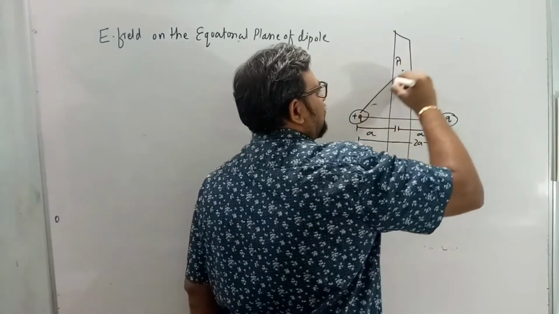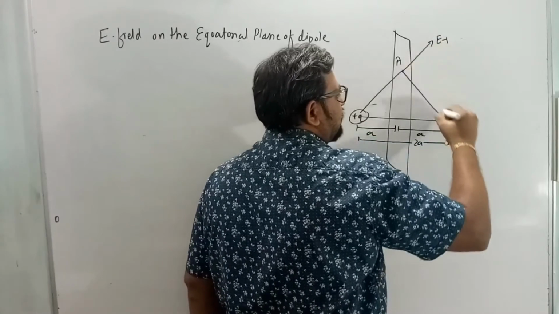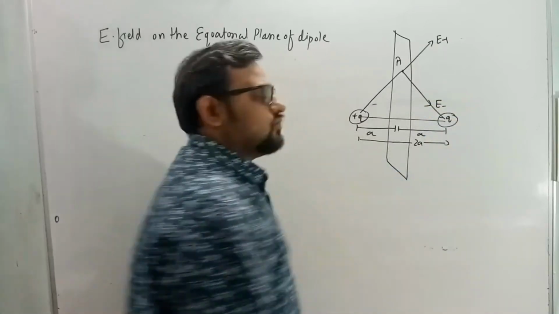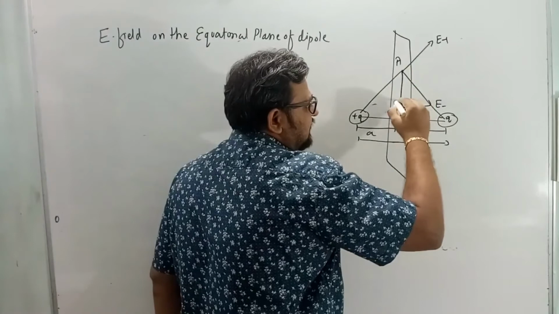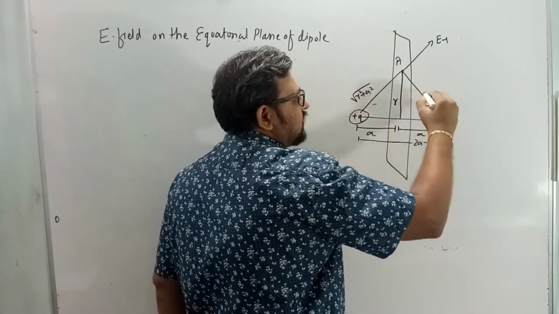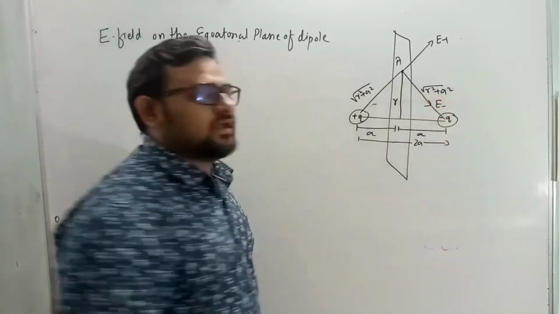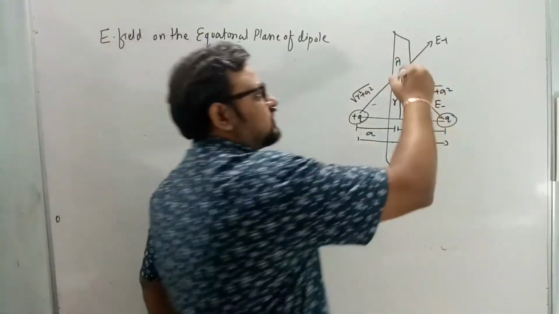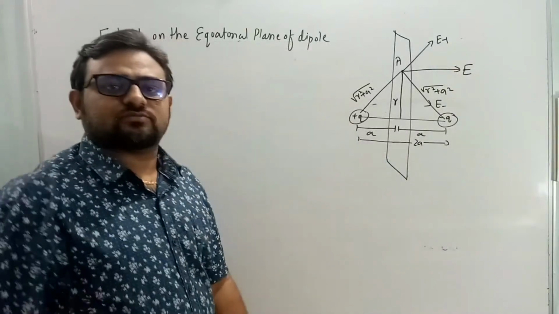So the electric field due to the positive charge is away, and the electric field due to the negative charge is towards. If I take the distance of this point from the center as r, this distance will be under root of r square plus a square, and this one will also be under root of r square plus a square. Both electric fields are in this way, so the resultant will be in this direction.